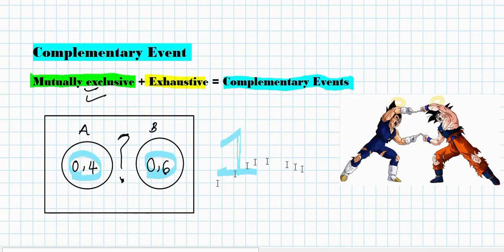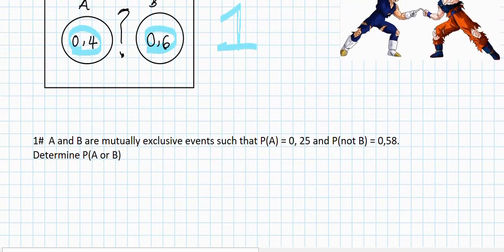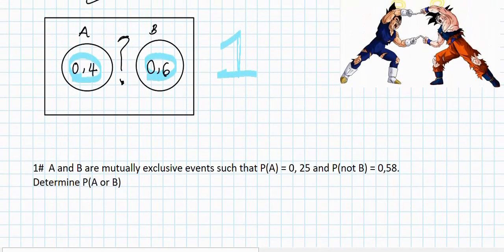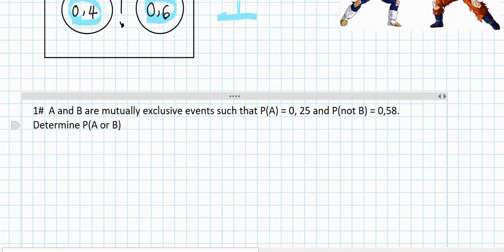Now moving on, let's take on two questions before you get tired. Just these two questions, whereby we answer anything related to mutually exclusive events and things like that. So here, look at that. Here's a question. It says A and B are mutually exclusive events such that the probability of event A is 0.25.